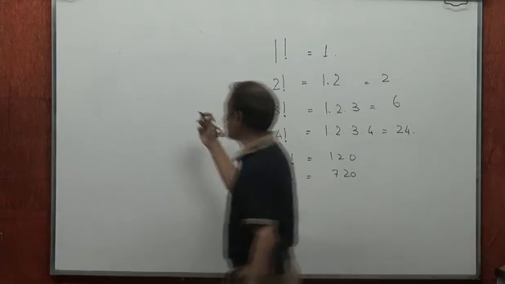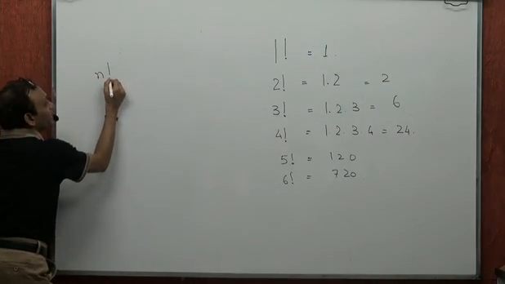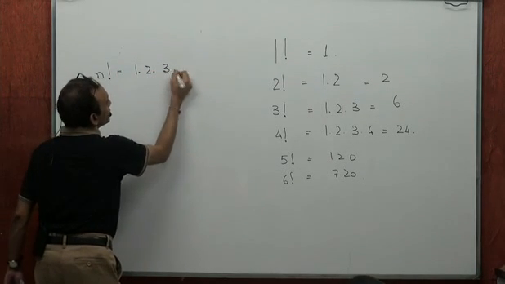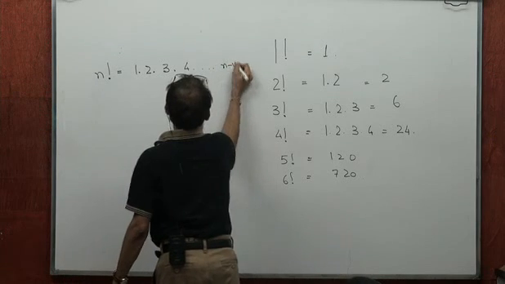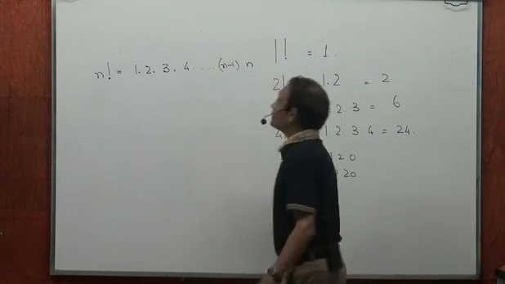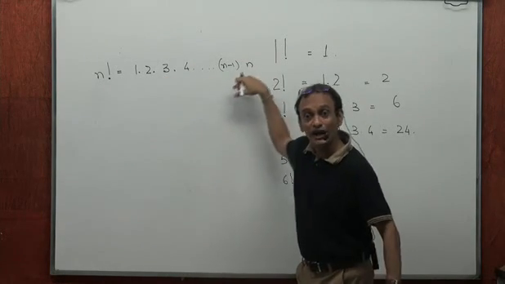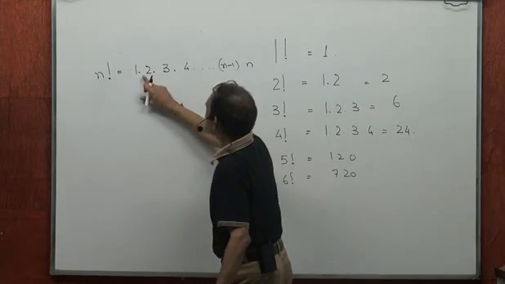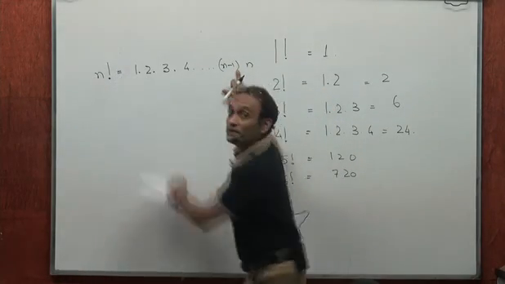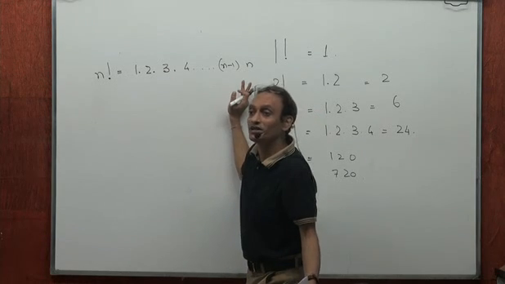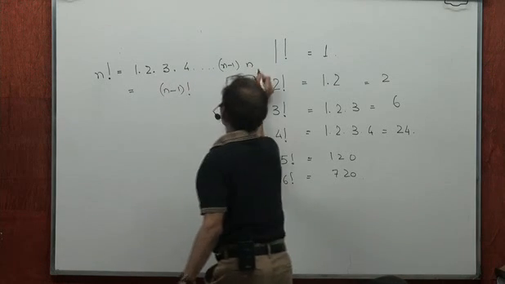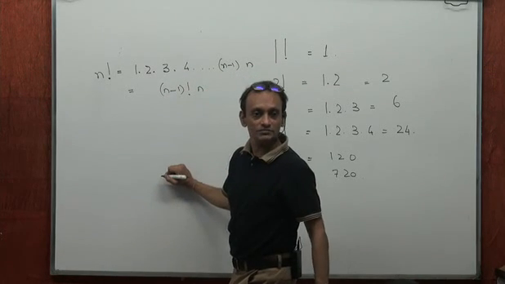So in a very general sense, if n is a natural number, then n factorial would be 1 into 2 into 3 into 4 ... into n minus 1 into n. Yes or no? That's n factorial, right? That means the product of the first n natural numbers. Realize that if you exclude the last member here, then the first n minus 1 members is the product of the first n minus 1 natural numbers, and the product of the first n minus 1 natural numbers would be written as n minus 1 factorial into n.